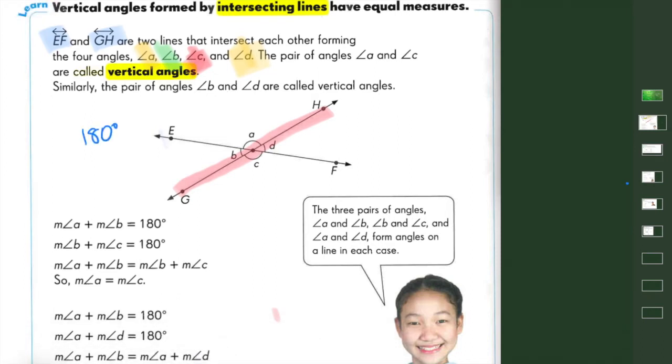So angles B and A, when added together, must have a measure of 180 degrees. That's where we start with proving this: the measure of angle A and the measure of angle B must equal 180 degrees.